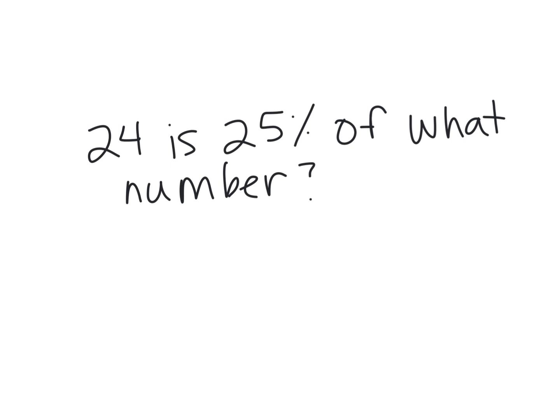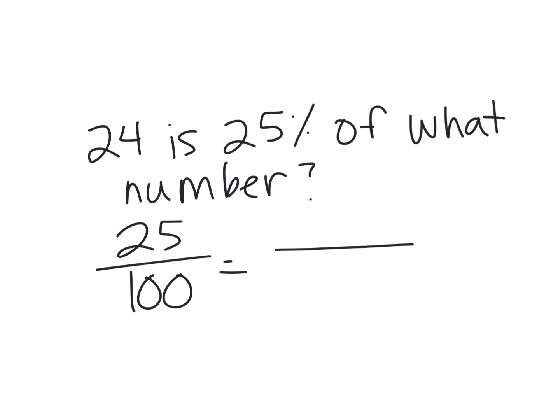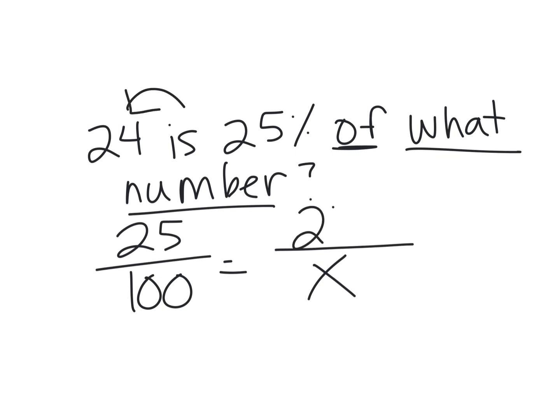Okay, so for this one, I'm going to start with 25%. And then again, of course, what is after the word of? What number? I don't know, so that's what's going to go on the bottom. What is in front of the word is, 24, is what's going to go on top. Multiply, divide, and that is going to give you your answer. Make sure you get that on the video.